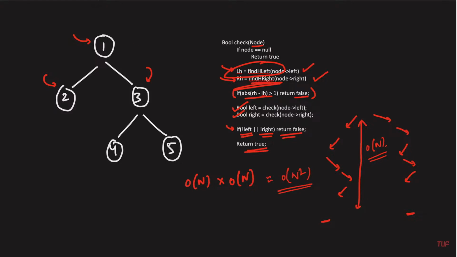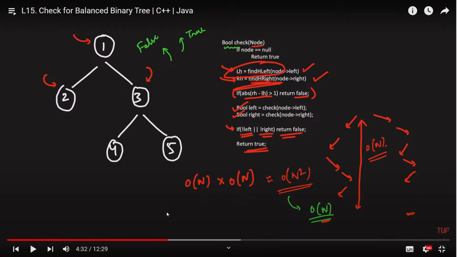Now in order to convert this big O of n square to a big O of n solution, since we have to write a boolean function which returns a true if it's a balanced binary tree and a false if it is not, how do I get the left height and right height?